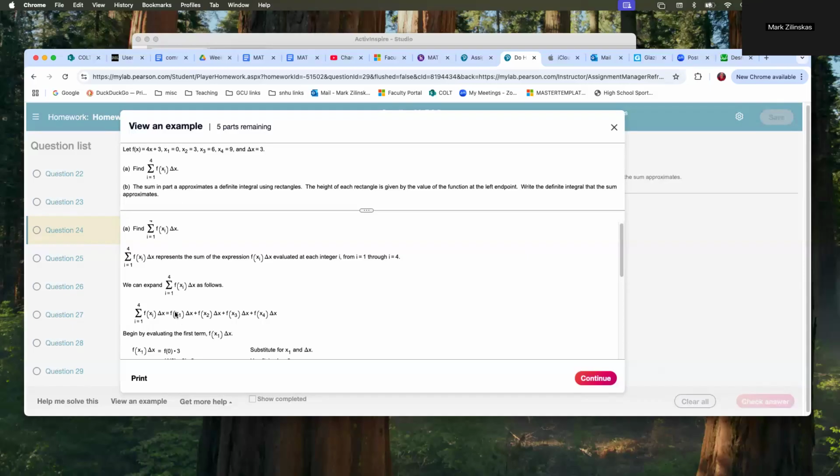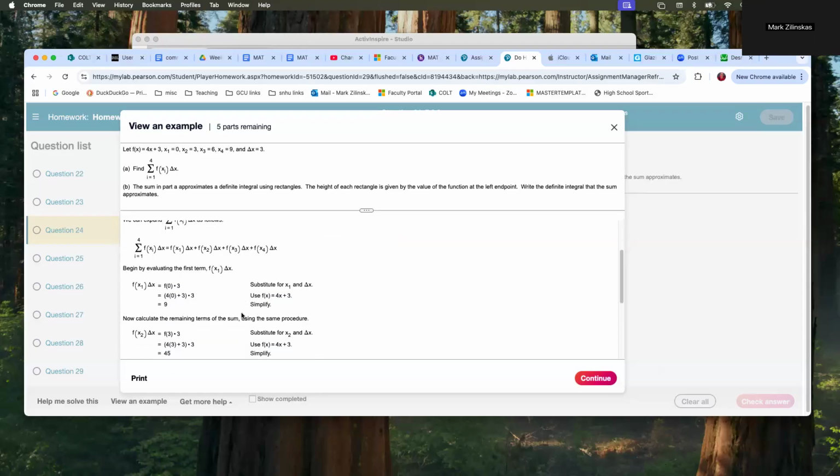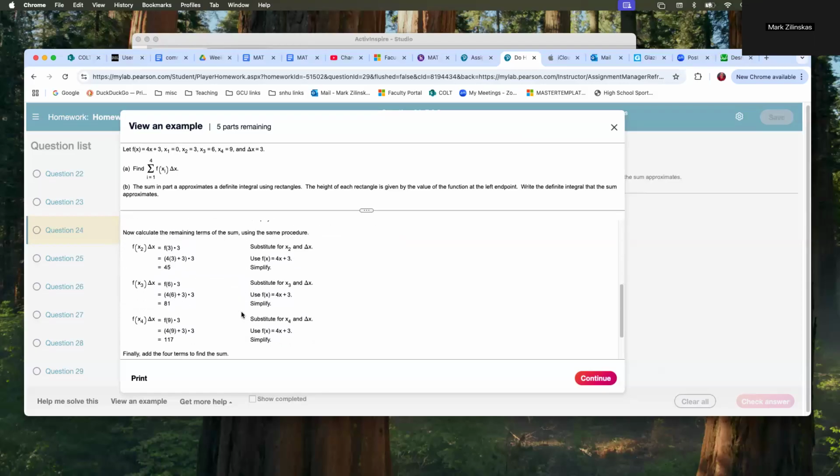So all I need to do is take the height times the width plus the height of the next one times the width plus the height of the next one times the width. Okay. And there I have it, as far as the area of these sub intervals.